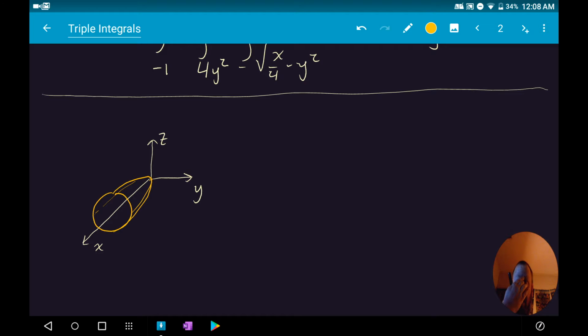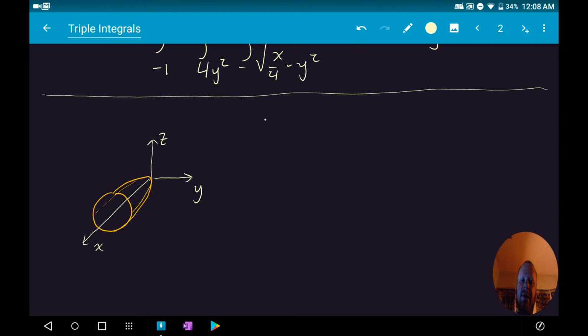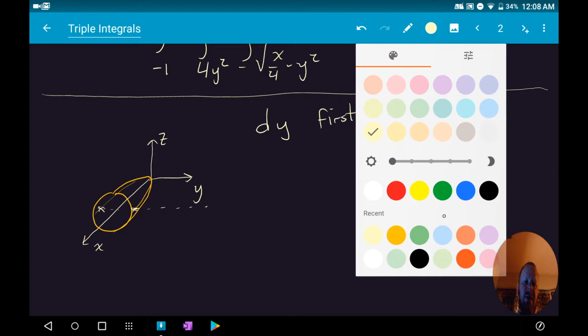There we go. So this time we'll do, what if we did, let's see, the only thing left is dy first. So very similar to the last one, right? Except we're hitting a right and left surface here.